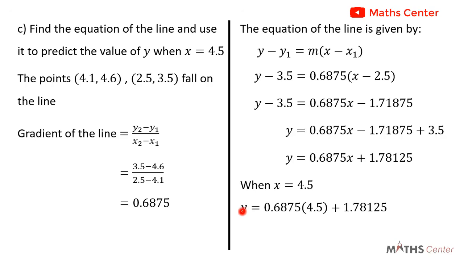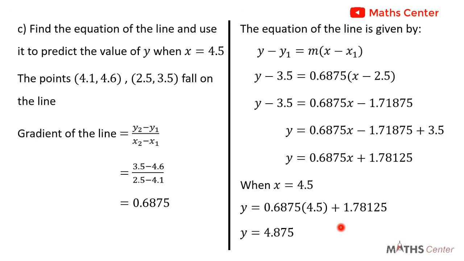When we do that, we will have y is equal to 0.6875 times 4.5 plus 1.78125. And this gives us 4.875. So using the equation of the line of best fit, when x is equal to 4.5, y is equal to 4.875.